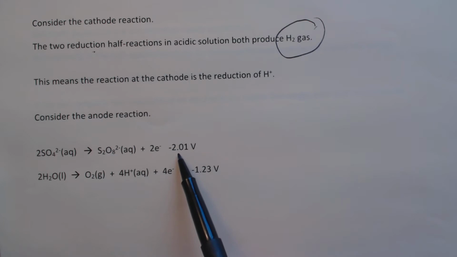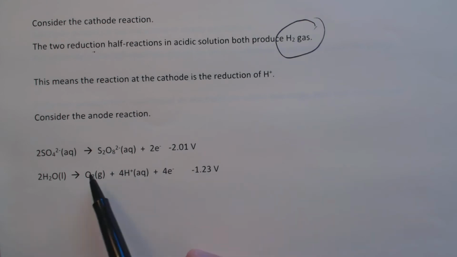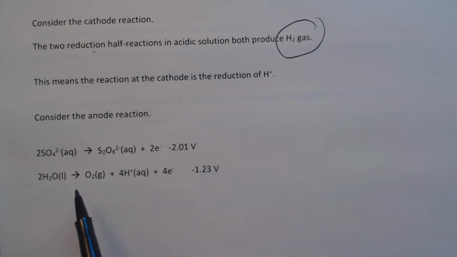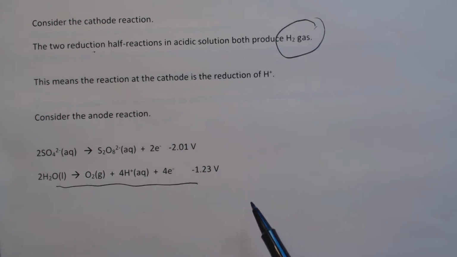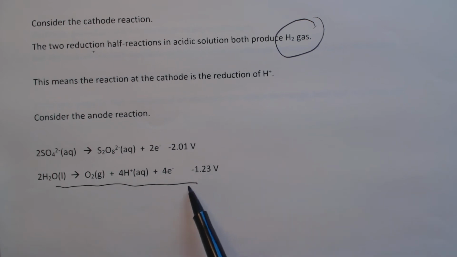We have to get up to plus 2.01 volts to get this one to occur. But this one is still going to be predominant. Since they have such a difference in voltages, this is the only one that occurs. We would have to put in a huge amount of voltage, called an overvoltage, to get the other to happen. So this one is the only one that occurs.